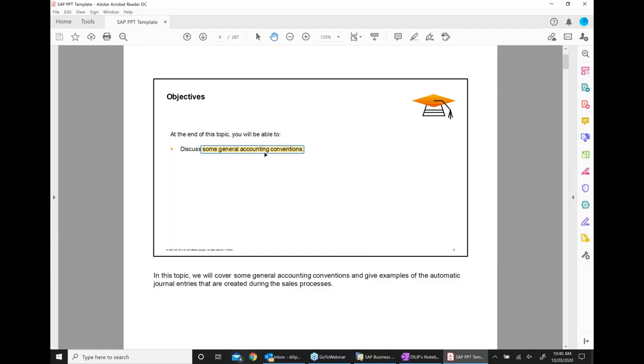So that is general accounting, the different accounting conventions.